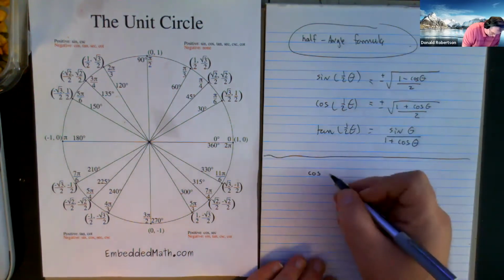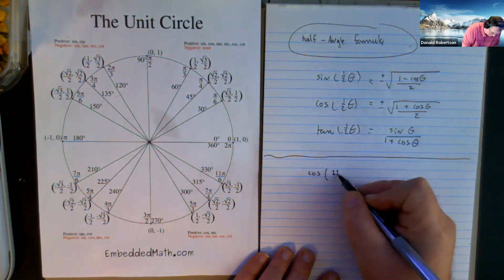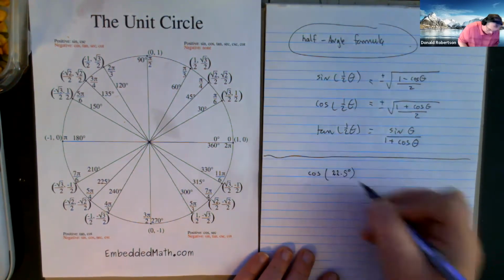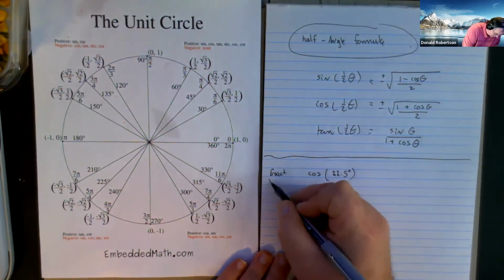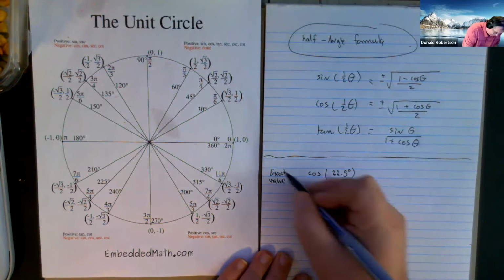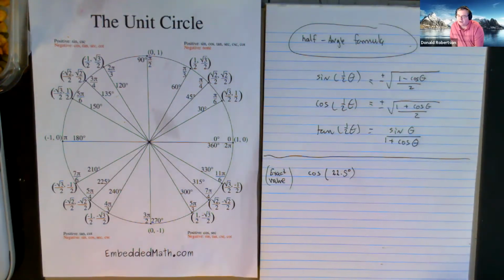Suppose I wanted to know the cosine of 22.5 degrees, and the key here is exact value. Because if I wanted to know that as a decimal, wouldn't I just plug into my calculator and get 0.1234? So we want an exact value.